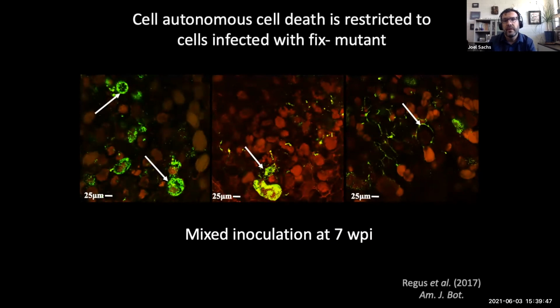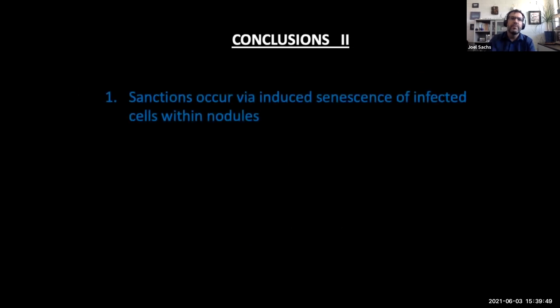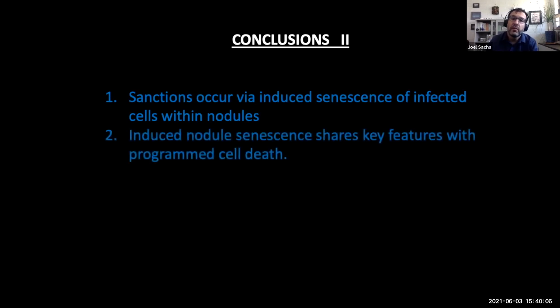Okay. All right, so some conclusions from this part about quality control. One is this punishment mechanism, which is widely described as sanctions, it appears to be induced by plants by some kind of rapid or accelerated senescence process. And this is occurring within nodules that harbor non-fixing strains. Two, the senescence process is fascinating because it bears a lot of features of programmed cell death that has been described in plant cells.